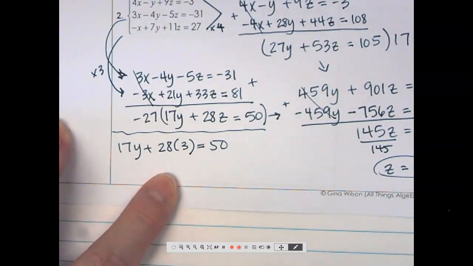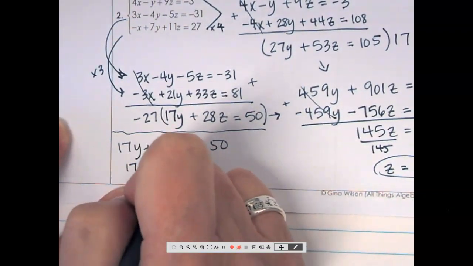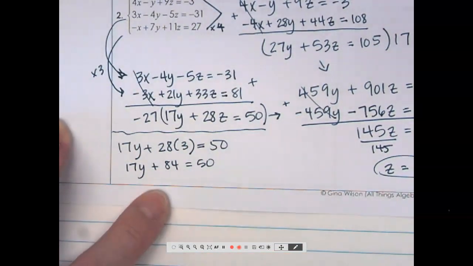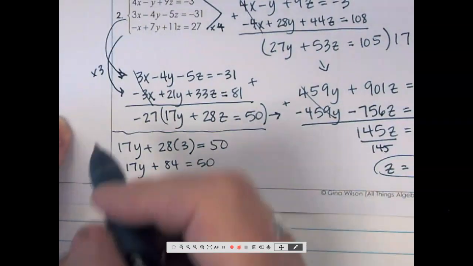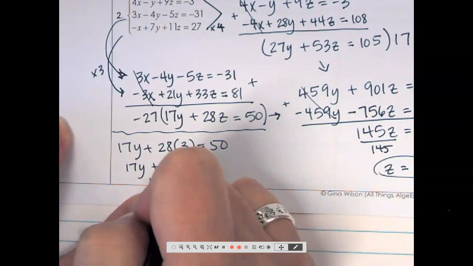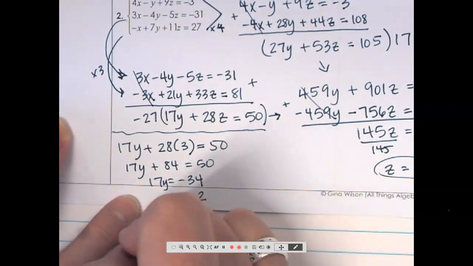All right, well, 28 times 3 is 84. Subtract 84. Divide by 17, and I got a negative 2 for y.